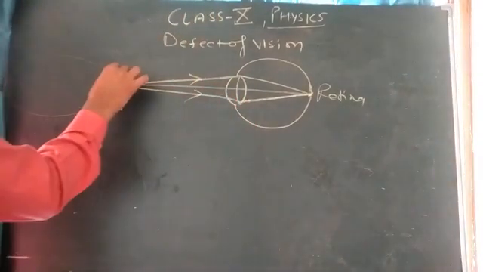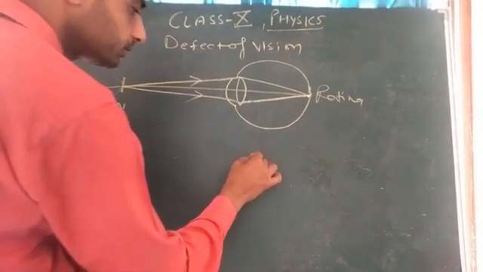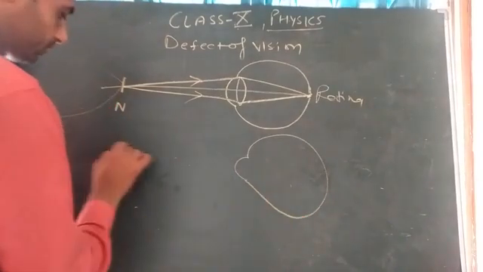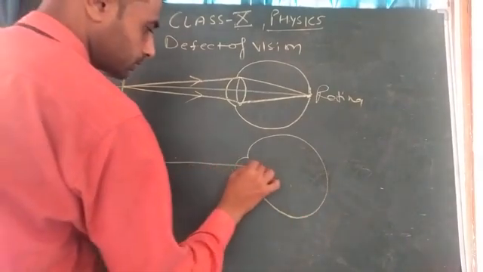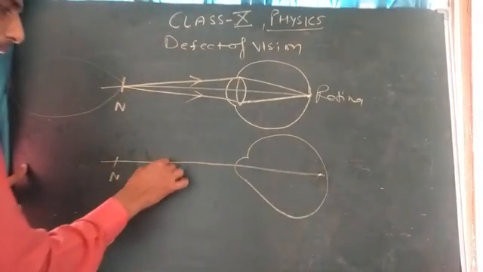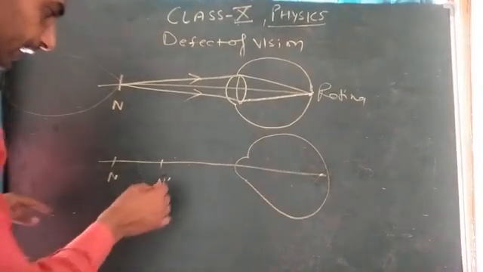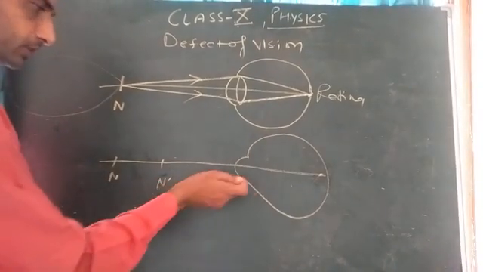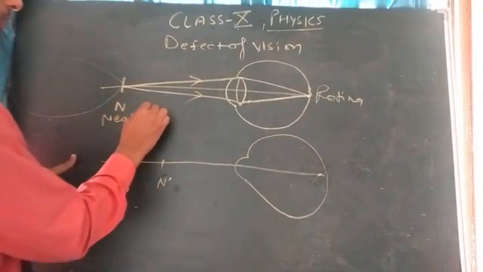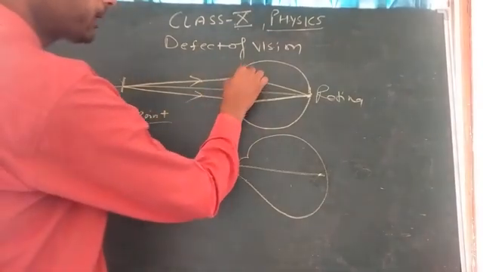If the object is placed close to the eye, it means this is an object placed at N dash. N dash is any point between the eye and the near point. This is the near point for the hypermetropic eye.